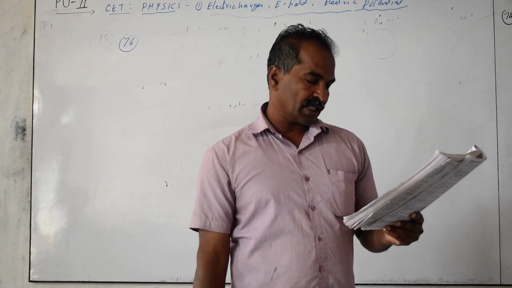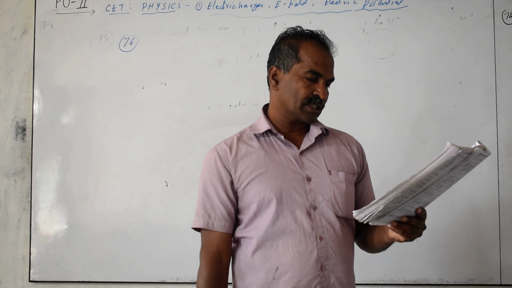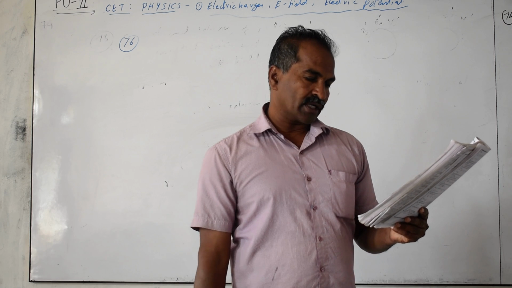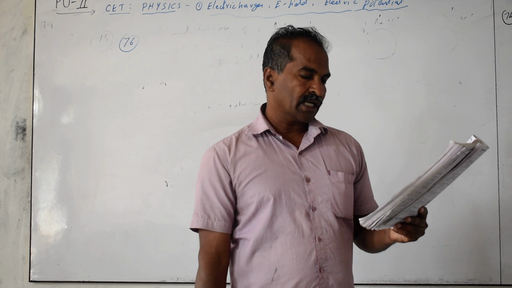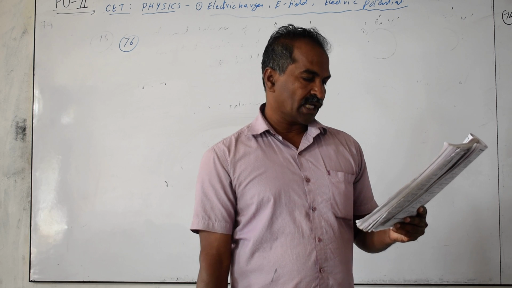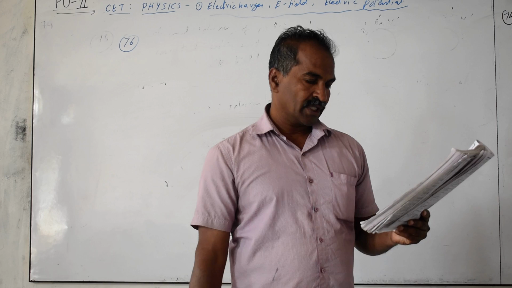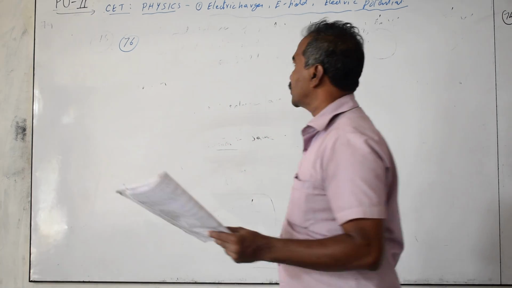Next: charges 6, 12, 24 nanocoulombs, all positive, are placed in the corners of a square of side 10 root 2 centimeters. What charge do you have to put at the fourth corner so that the potential at the center of the square is 0?